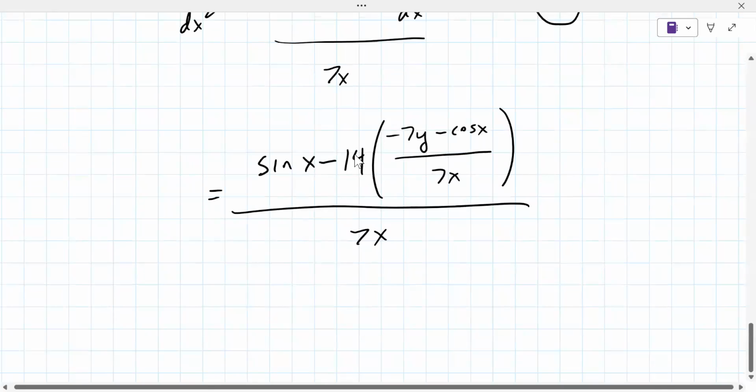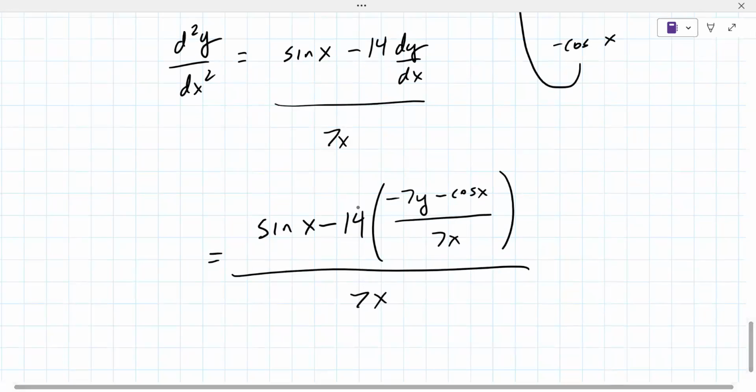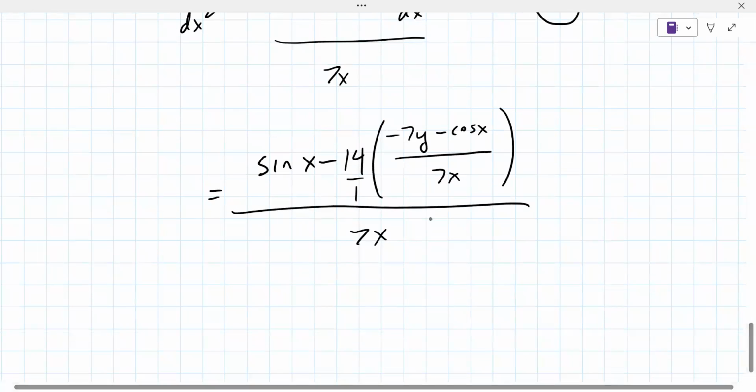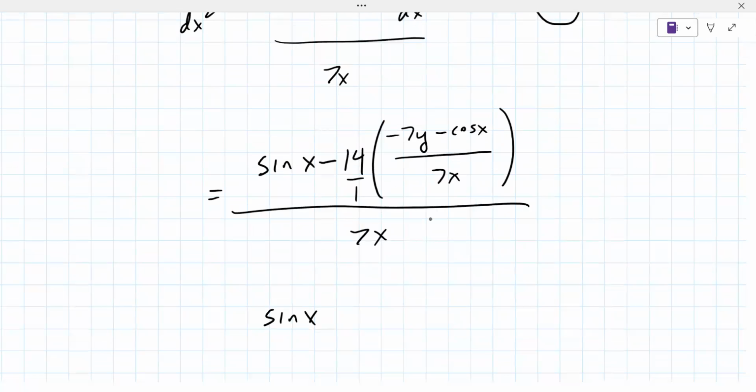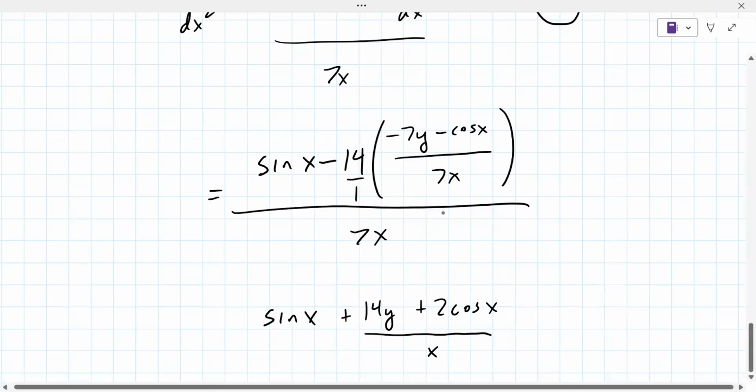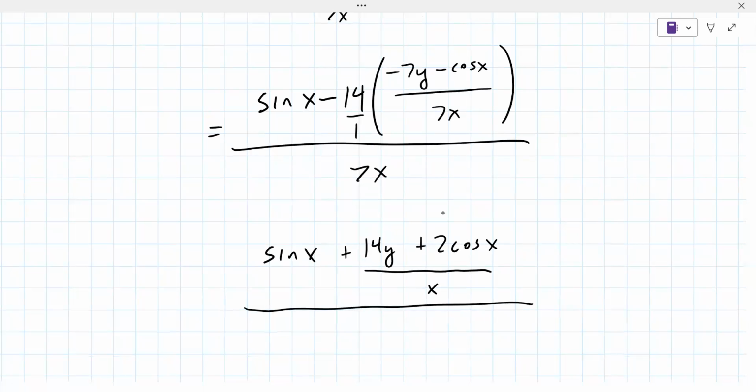So this 14 here is going to cancel with the 7. So you're going to have just a 2 out in front. We'll distribute the negative into the top. So it's sine x, the minus 14 is really a minus 2, so plus 14y plus 2 cosine x all over x. And then it's all over 7x.